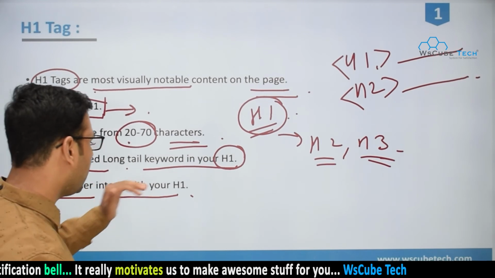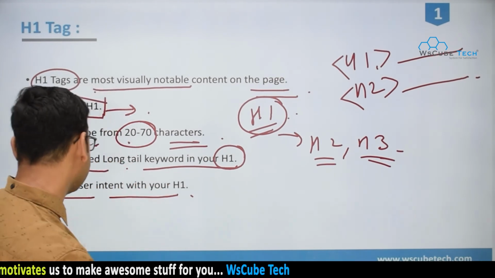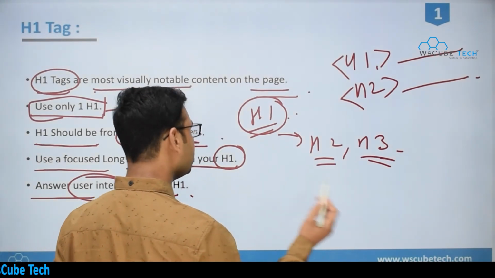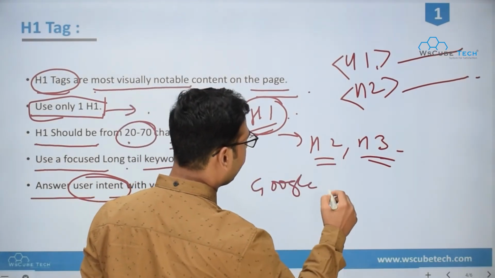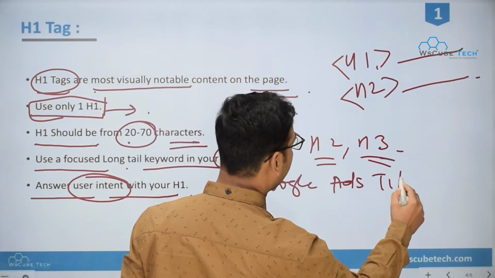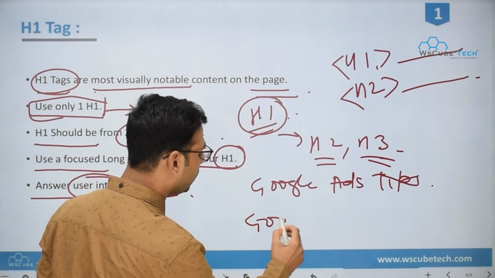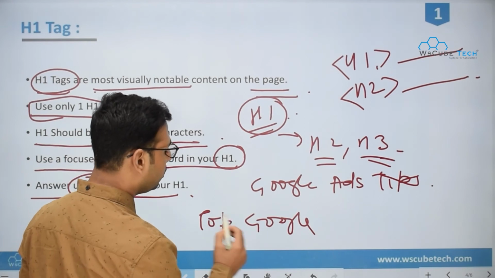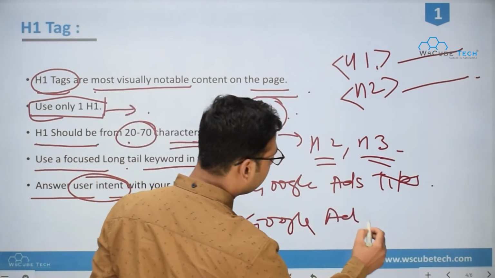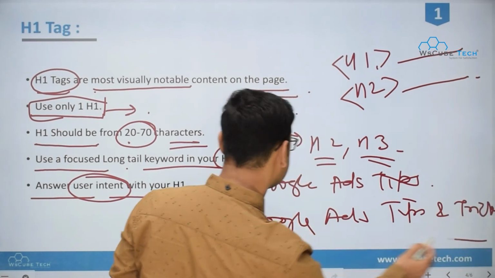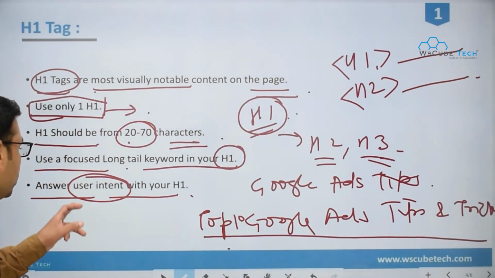Now let me tell you what it means when I say user's intent. If a user is searching for Google ads tips and he lands on your web page, in the H1 you can write top 10 Google ads tips and tricks. This is related to the user's intent.